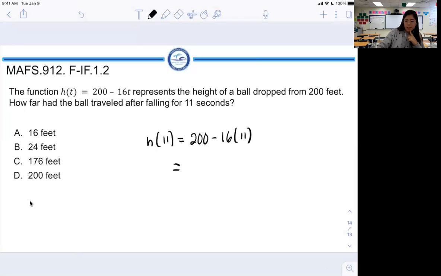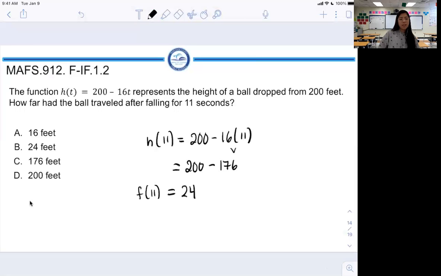And then we get 200 minus, what's 16 times 11? 176. And then 200 minus 176 is 24.